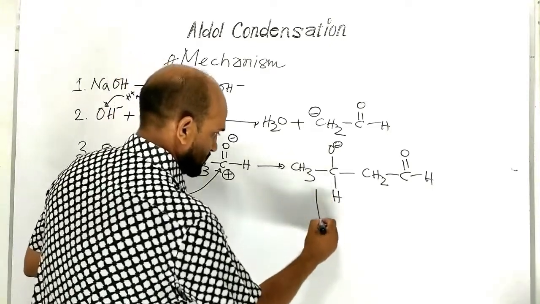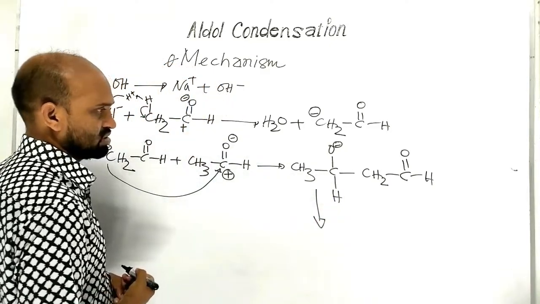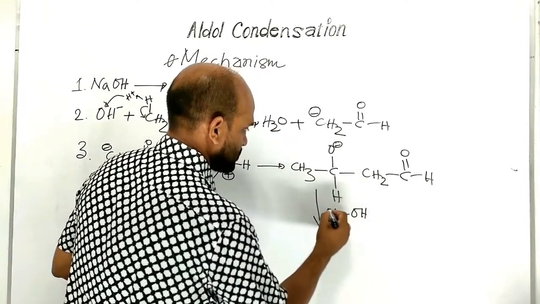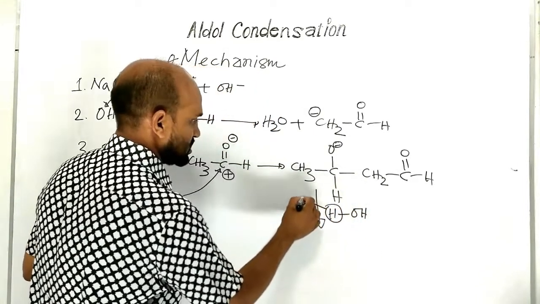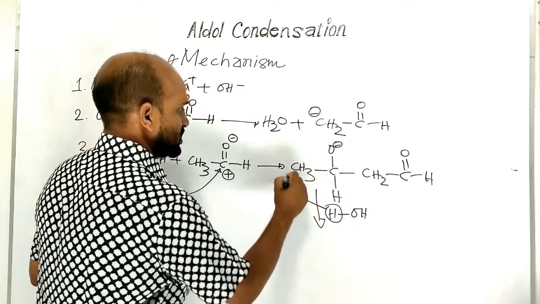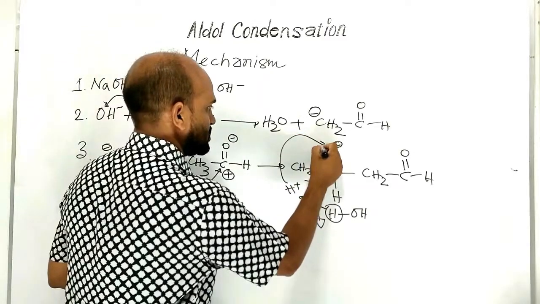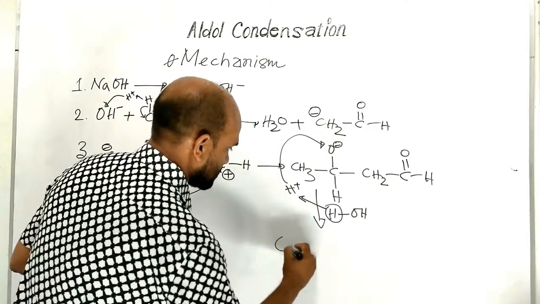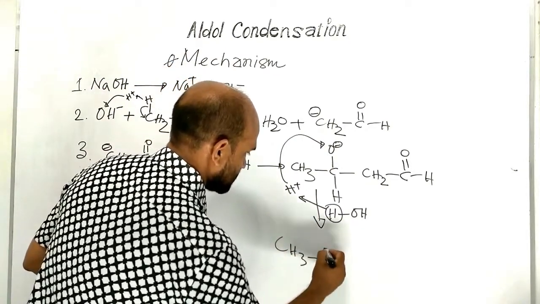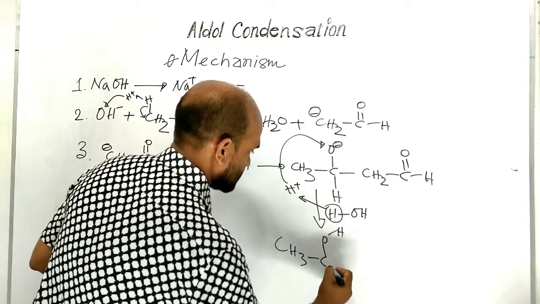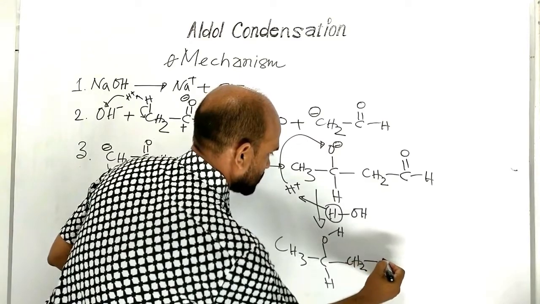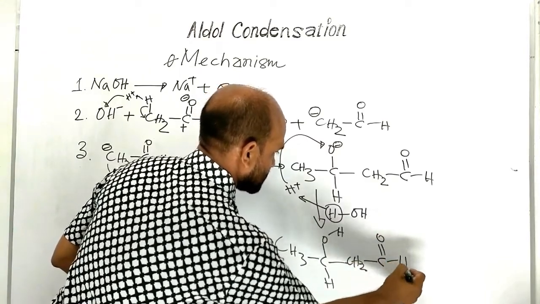Now this species reacts with water. From this water, this hydrogen is freed as proton. This proton combines with this oxygen. Now the compound is CH3, COH, here H, CH2, COH.